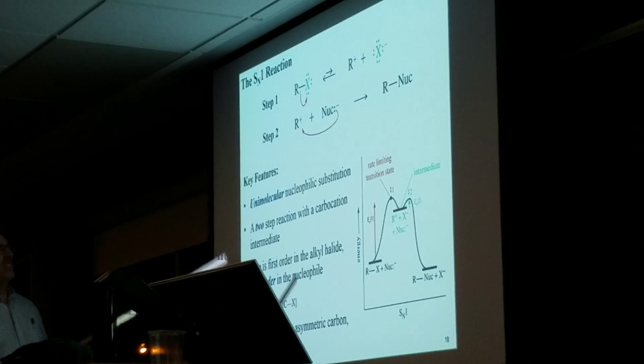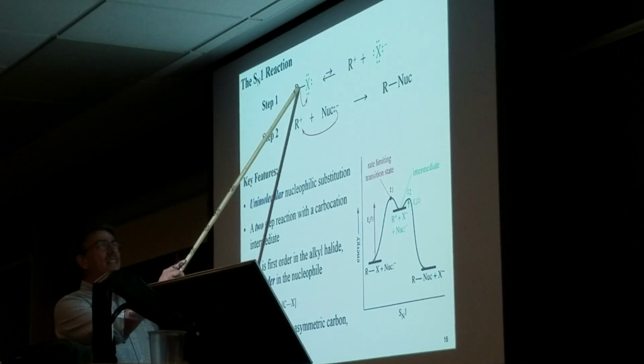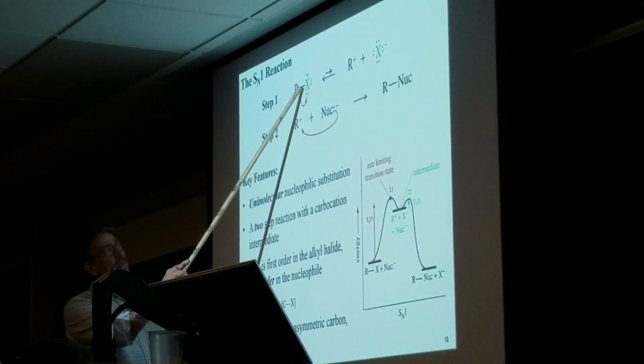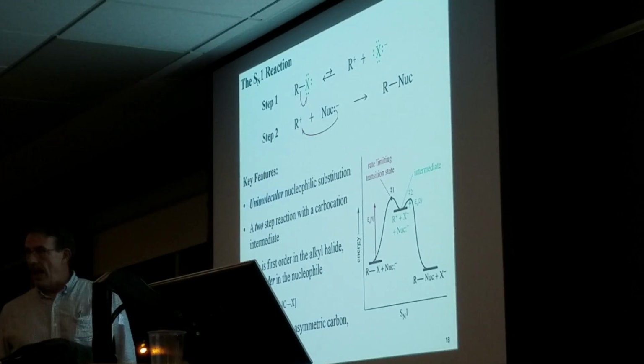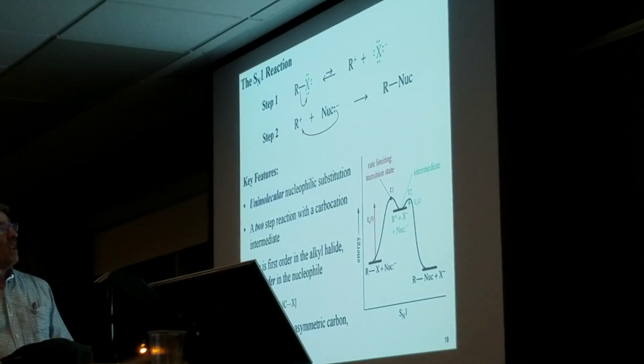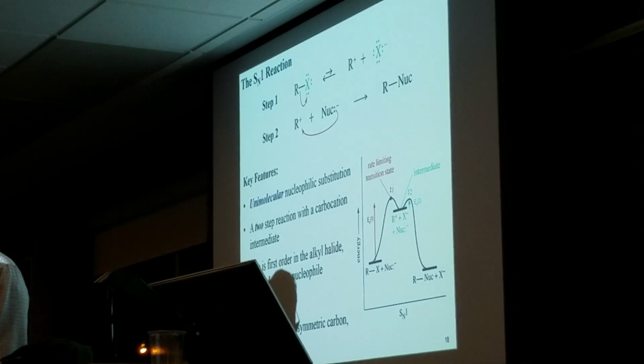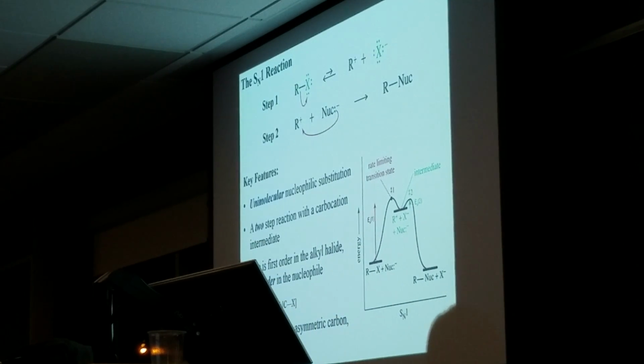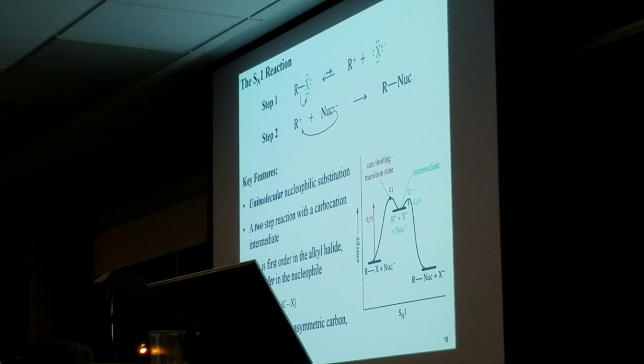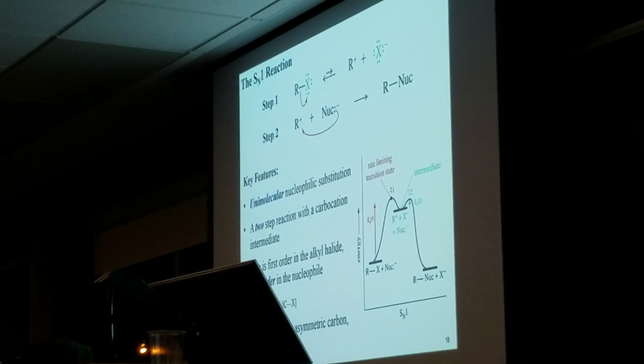If I look at the SN1 reaction, my rate limiting step in this case is the fact that I'm just going to lose that halogen, and I'm going to lose it because typically that carbocation is somehow stabilized. If I have a protic polar solvent, I tend to go by SN1 reactions rather than SN2.